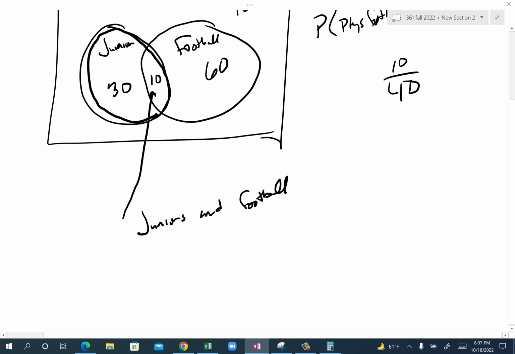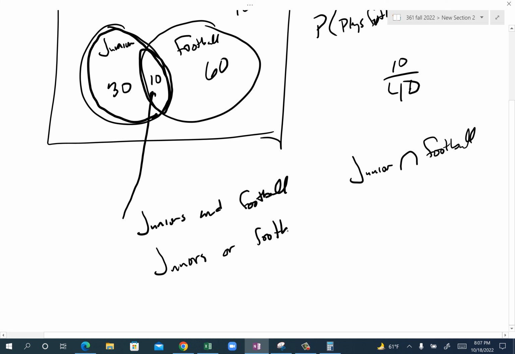Now, some books will write it like this. It'd be the probability of juniors intersection football. That's where those 2 circles intersect one another. That's "and," because they meet both qualifications. Had I said juniors or football, now of course the answer would be 100, right?